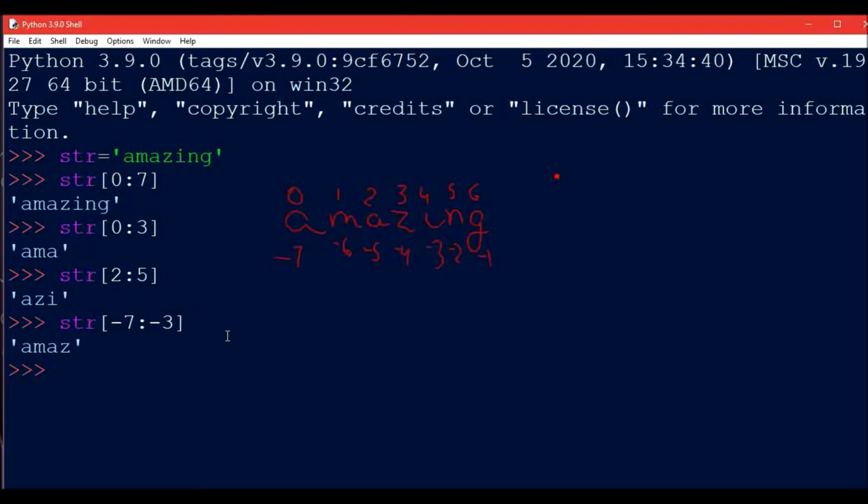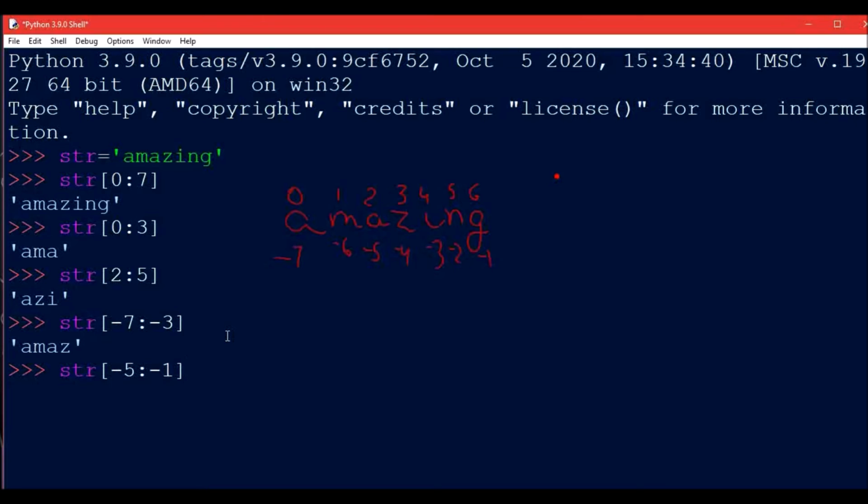So let us take one more example. If I write str and in the brackets I write -5:-1. Now in this case what will happen? Letters from the index -5 will start, and it will go till -1 minus 1, which means -2.